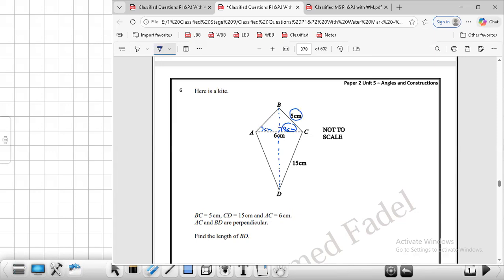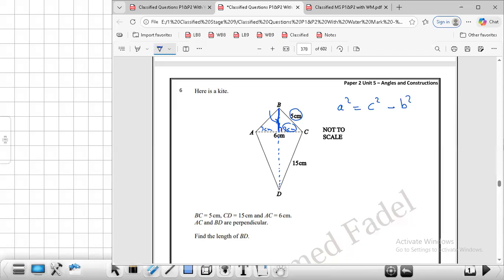So we use the Pythagoras in order to find the size of this short side. Let's call it A. A squared equals C squared minus B squared.